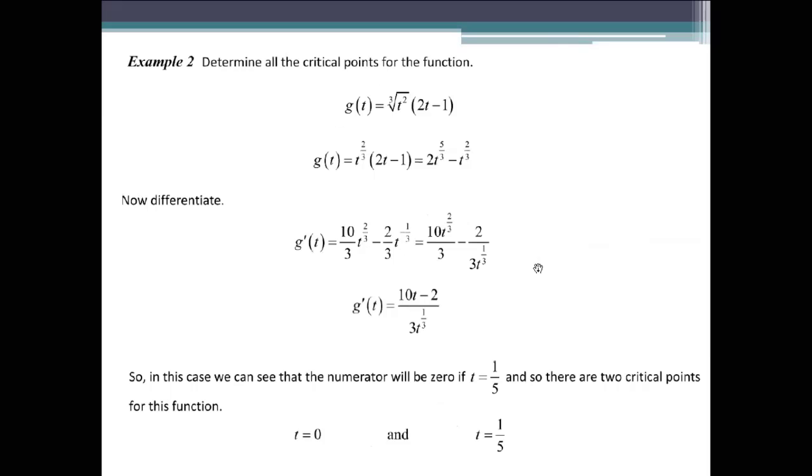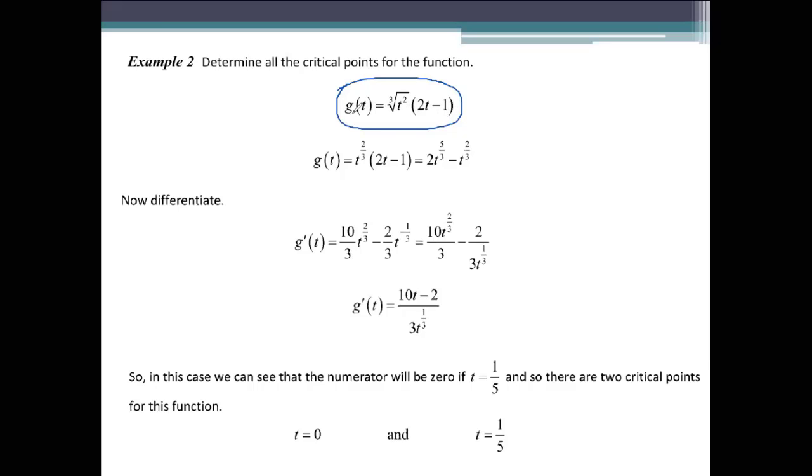Now, example number 2. Determine all the critical points for the function g of t. So we can see here we have the cubic root of t squared times 2t minus 1. For this function, we need to find all critical points.